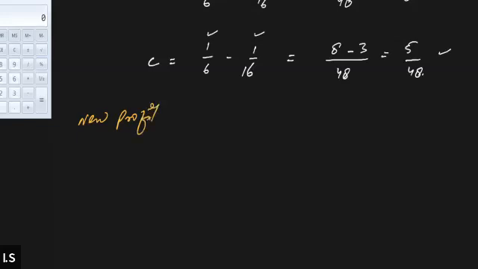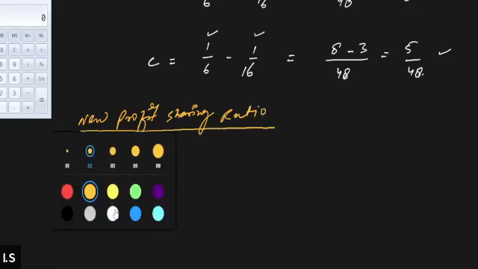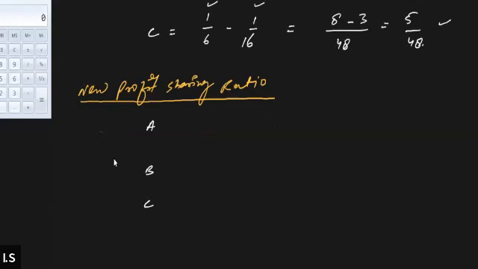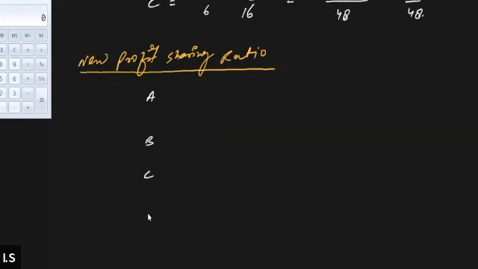So the new profit sharing ratio will be for A, B, C, and D. There will be no change in A's share. A is going to retain the same number of shares.